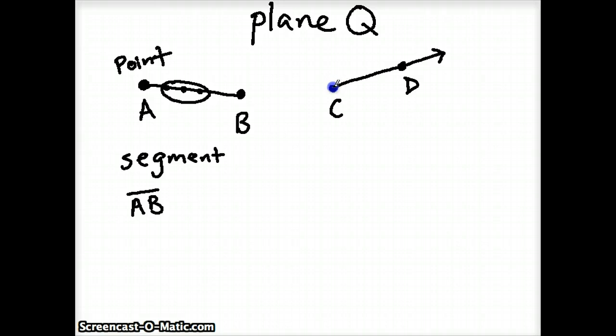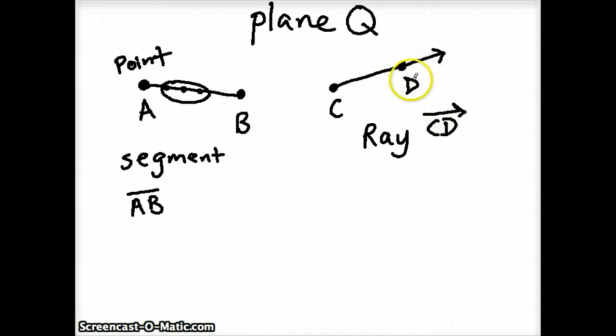If I have an origin or a starting point, that is point C, and it continues off towards D but keeps going, maybe even forever, then we have a ray. And rays are titled by the endpoint, and then any other point on that ray, and then the symbol, which looks exactly like a ray, right on top of it.